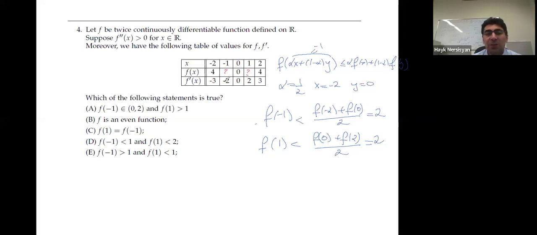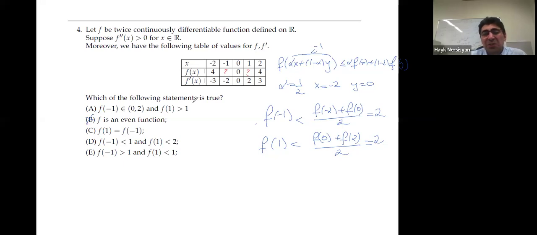Keeping this in mind, what can we say? First of all, the statement that f is an even function we can eliminate from the beginning, because this table is not enough to say the function is even. We don't know what's happening with function f in between -1 and 0, or from 0 to 1. Not enough information. f(1) equals f(-1)?